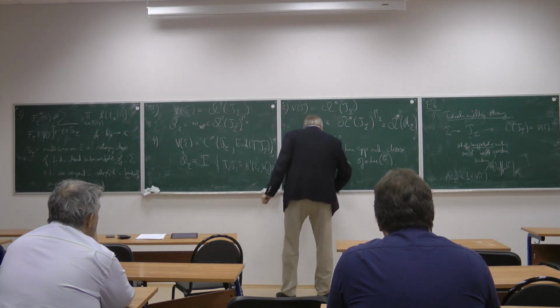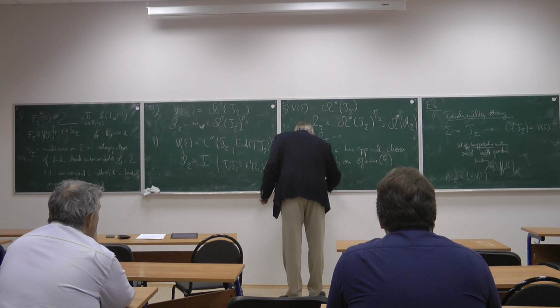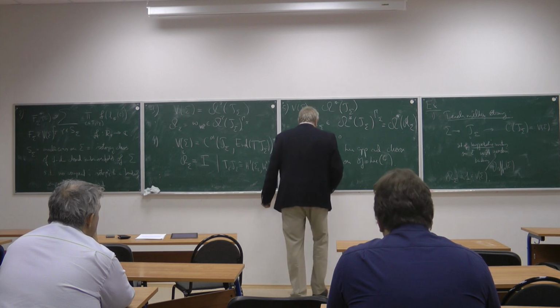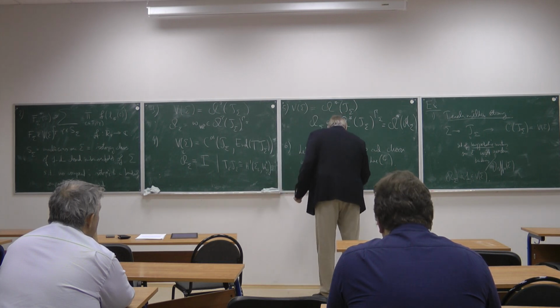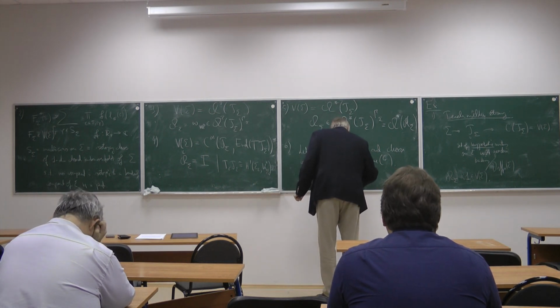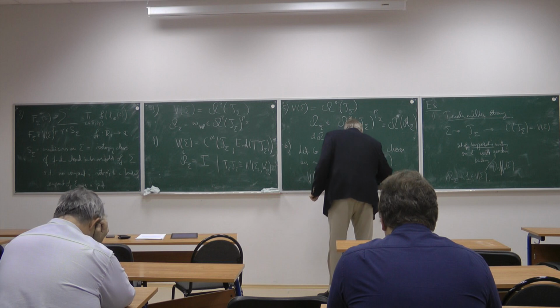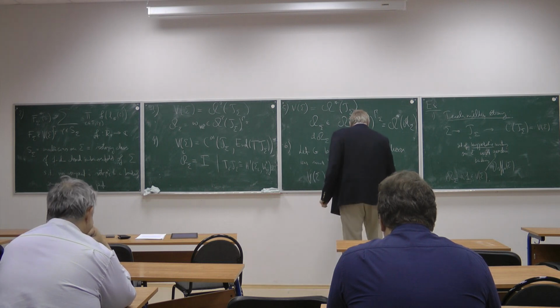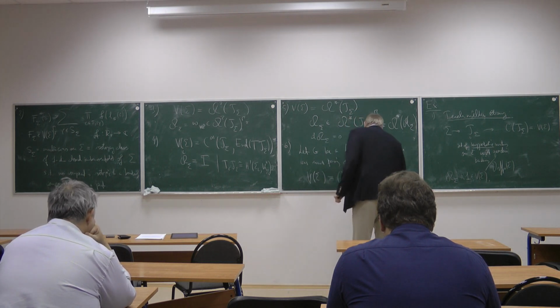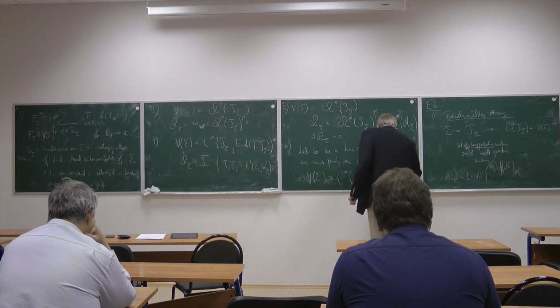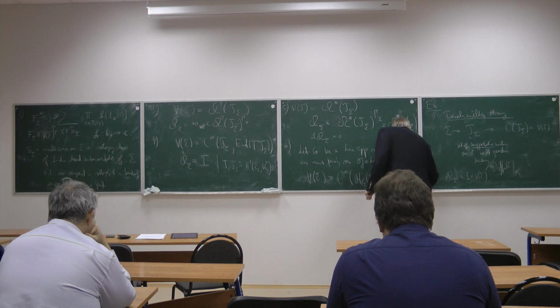And now I define V of sigma to be the smooth sections over the moduli space of flat G connections on the surface, and the bundle that I'm taking is the second wedge power of the tangent bundle to M_G of sigma.